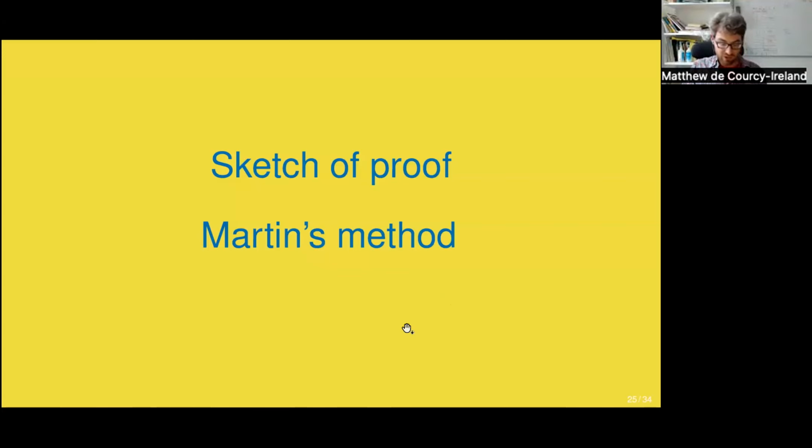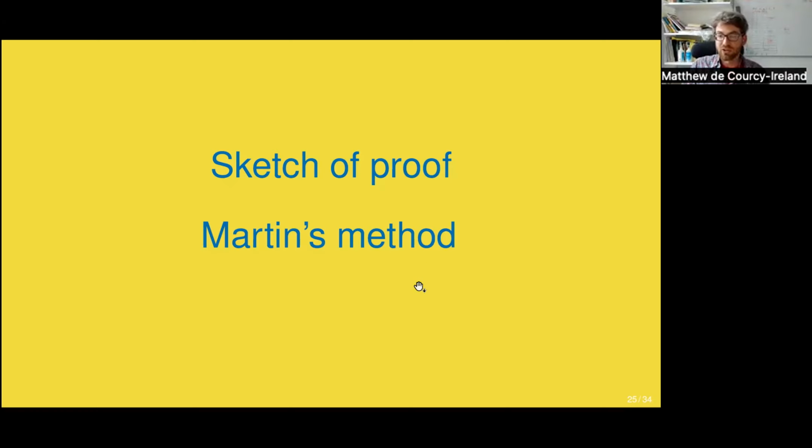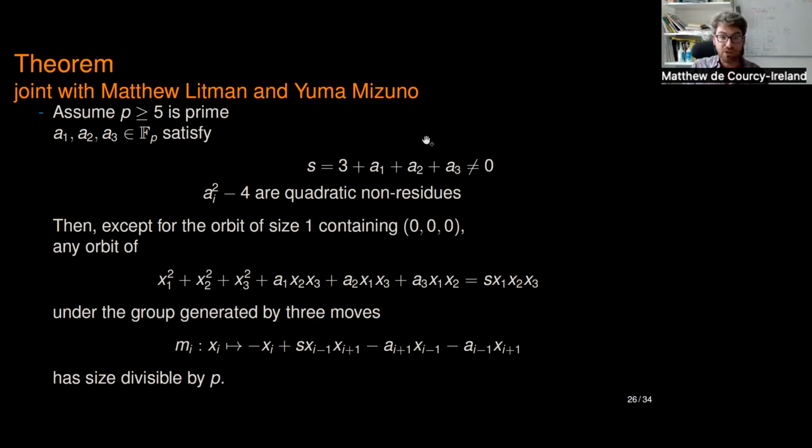So in the time left, I would like to sketch a proof. This is very close to Martin's proof in the case when all the coefficients ai are 0. Here's the theorem again, joint with Matt Litman and Yuma Mizuno. p at least 5, s not equal to 0, ai squared minus 4 quadratic non-residues.